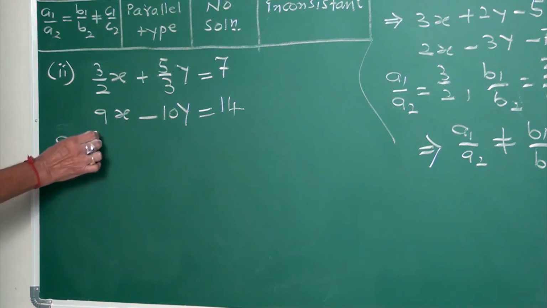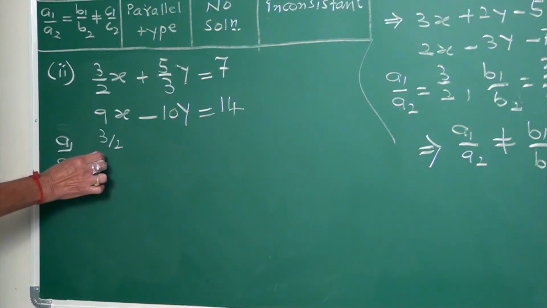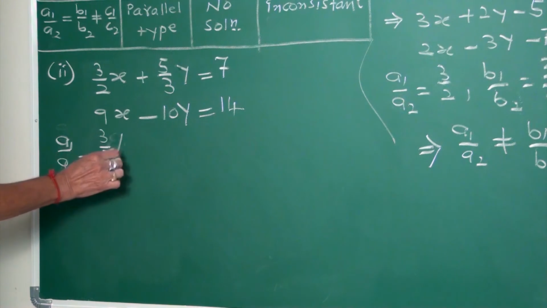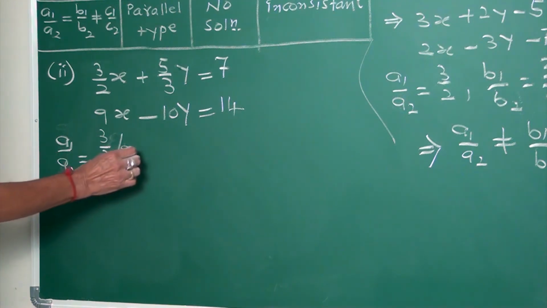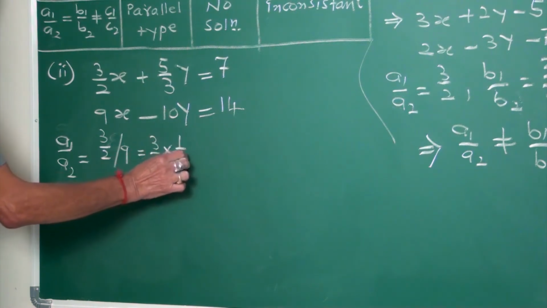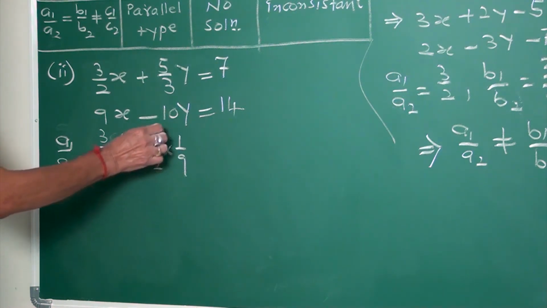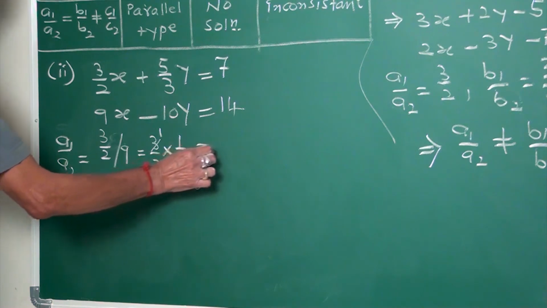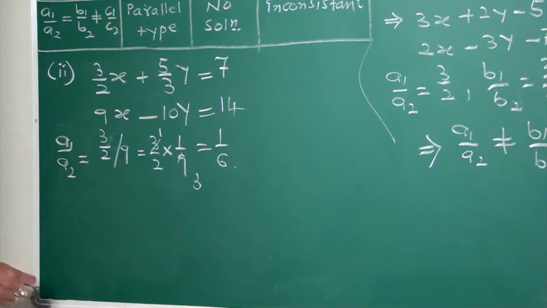So A1 upon A2. What is A1? 3 by 2 upon 9. Simplify. So this is 3 by 2 into 1 by 9. 3 cancels with 9. It is 1 by 6. Yes. B1 upon B2.